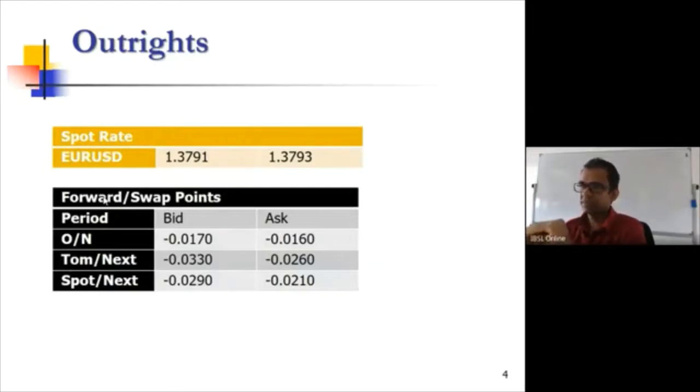Still, the forward points will be quoted in the normal manner. This is an example for forward outrights or even spot outrights. The spot rate is quoted in two ways, and the swap points or forward points are again quoted two ways: overnight, Tom next, spot next.